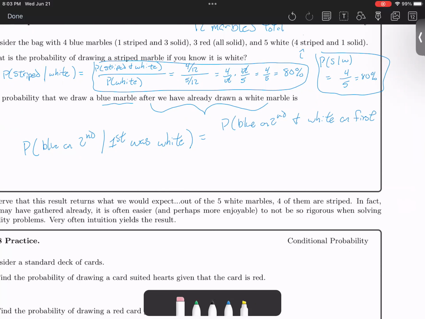Oops, I don't know why I wrote first out, but not second. White on first. And we compare that to the size of the given statement. So we know that we have a white marble on the first draw.